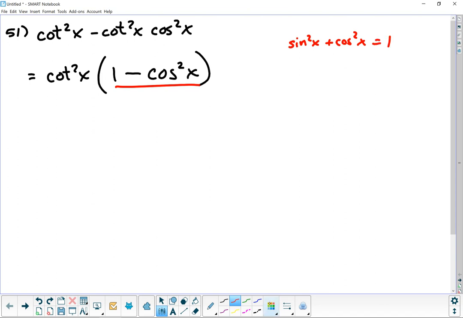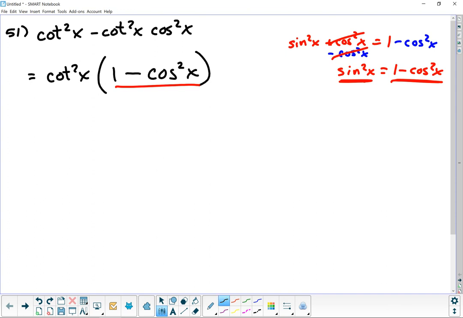And notice if I subtract cosine square x from both sides, I would have sine square x equals 1 minus cosine square x.